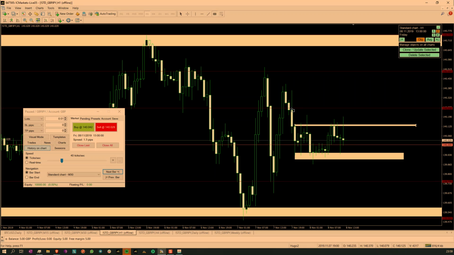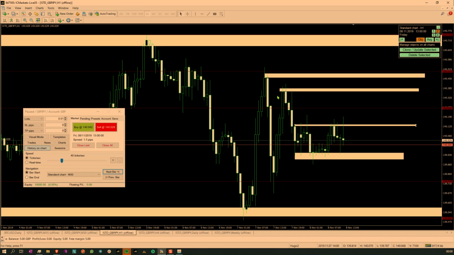This one above, yeah, this one is very nice. And this one here. A lot of zones, a lot of traffic.